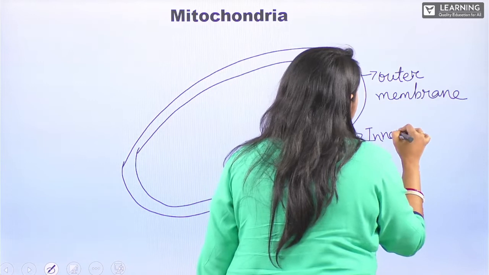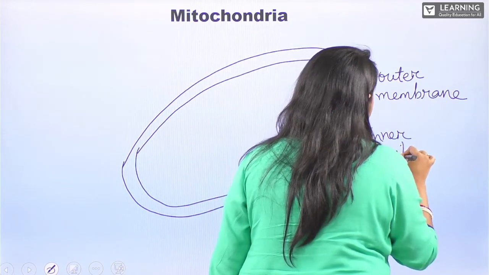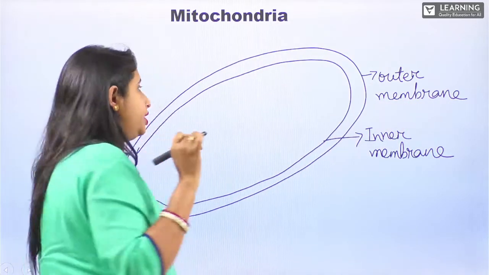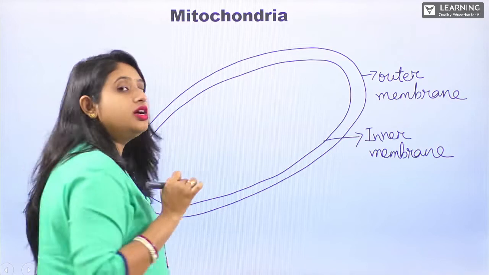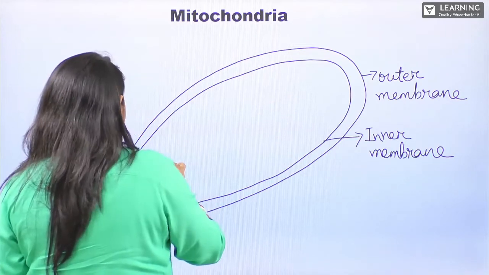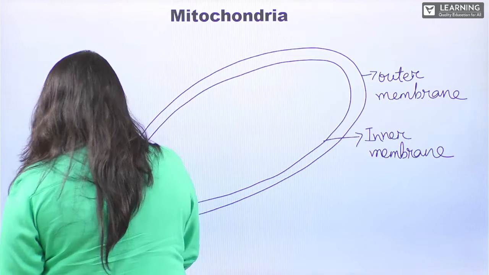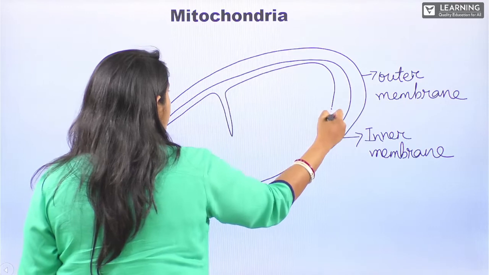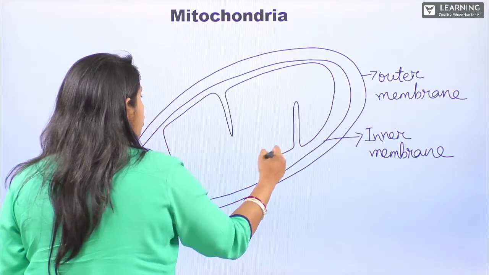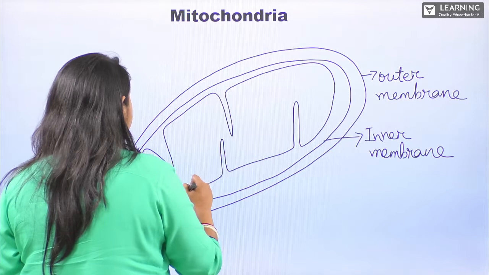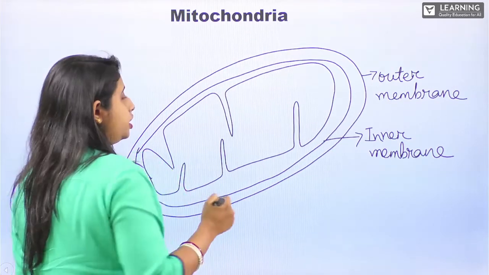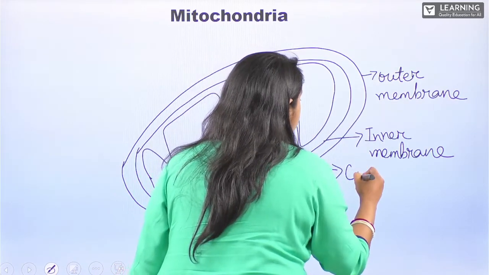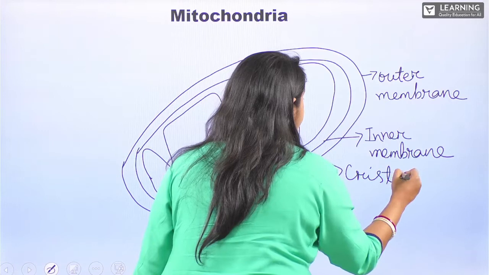Then inside, the inner membrane, as I said, consists of finger-like folded projections, isn't it? So the inner membrane consists of folded projections which are known as cristae. These folded structures are known as cristae.